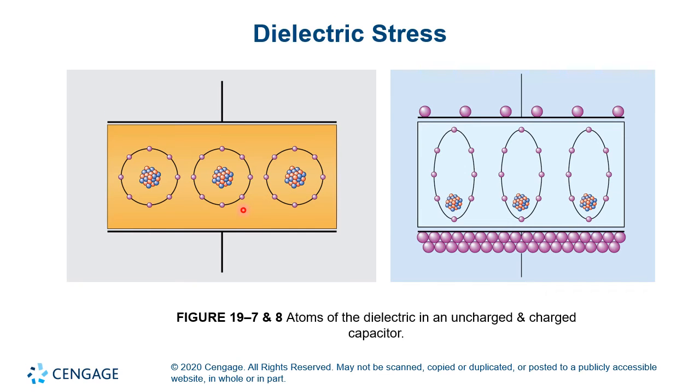On the other hand, once we put a charge on the capacitor, not only have we moved electrons, but we've also put what's referred to as a dielectric stress on the individual atoms making up the dielectric. And what we see is the electrons in the actual atom are going to be pulled toward the positive side, away from the negative side. And essentially, they're going to stretch the atoms like a spring.